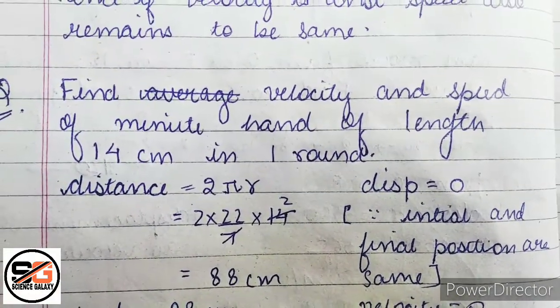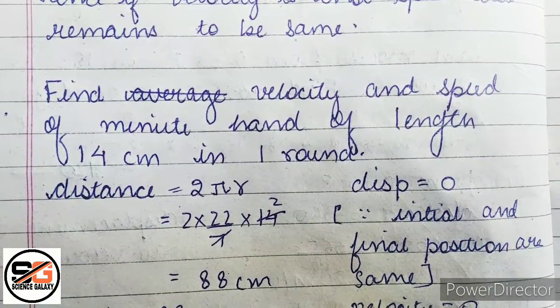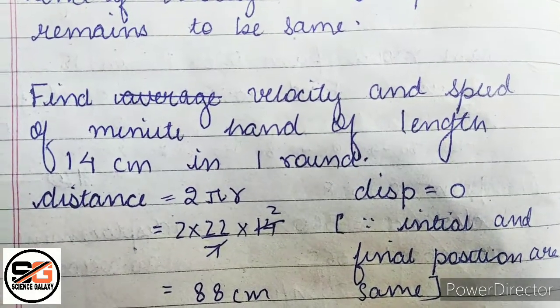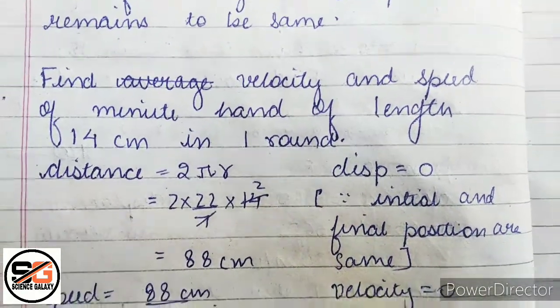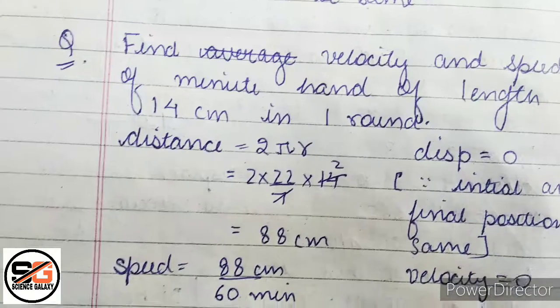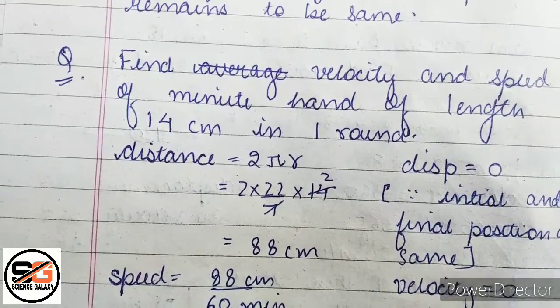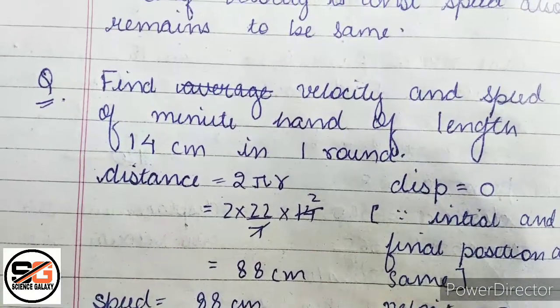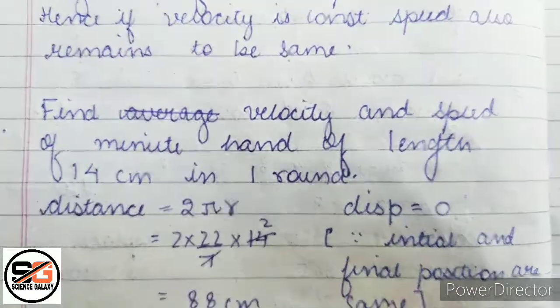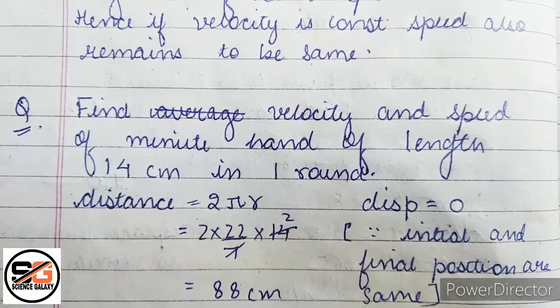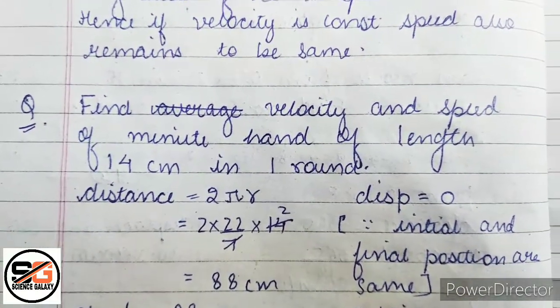Find velocity and speed of a minute hand of length 14 centimeter in one round. We know about the minute hand in our clock. The minute hand covers one rotation in 60 minutes.